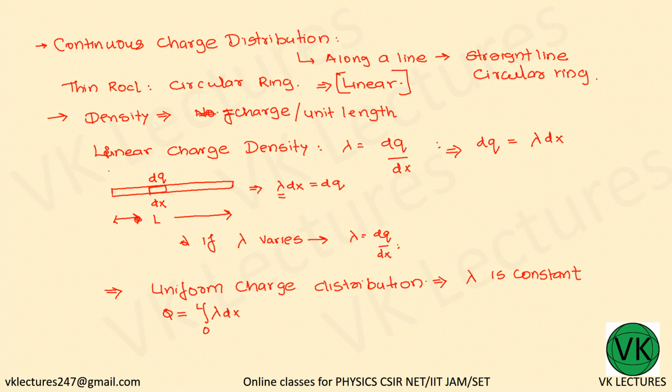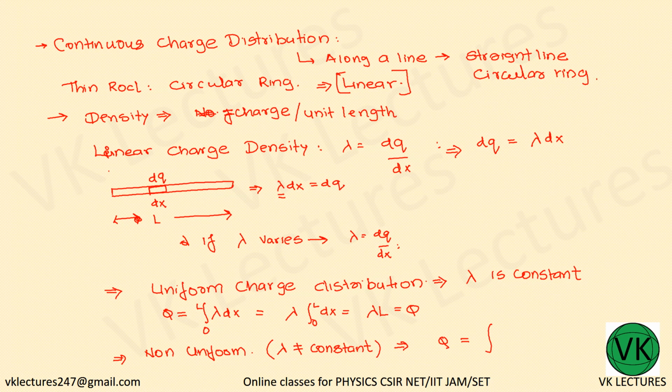Since lambda is constant, you can write lambda times integral 0 to L dx, that is equal to lambda L. So total charge q is equal to lambda L. Now for non-uniform, lambda is not constant, which means the total charge q is equal to integral lambda dx.